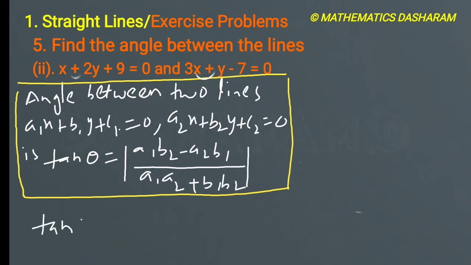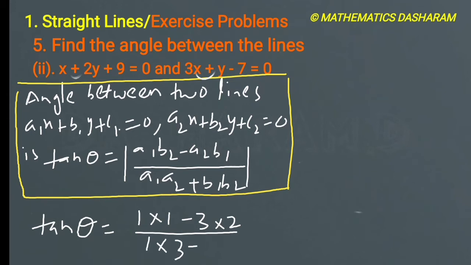So let's substitute the values. a1 means the x coefficient in the first, that is 1, into b2 means the y coefficient in the second, it is also 1. a2 means the x coefficient in the second, that is 3. b1 means the y coefficient in the first, that is 2, divided by a1 into a2, 1 into 3 plus 2 into 1. So mod symbol.